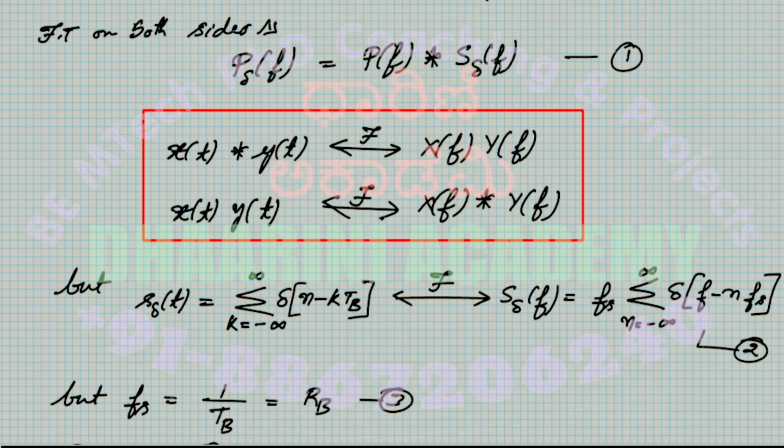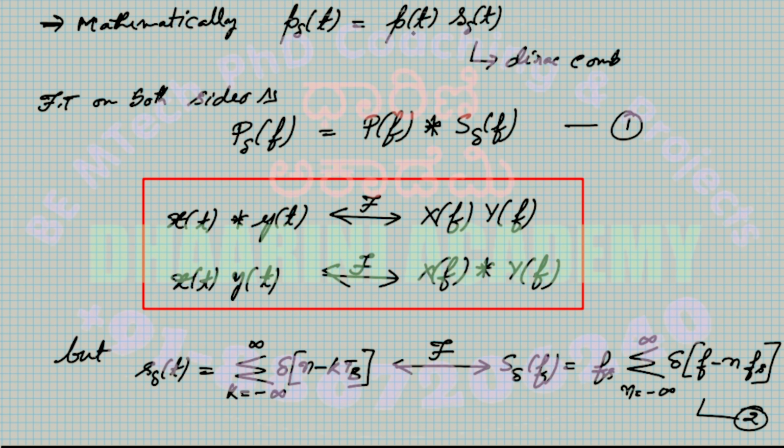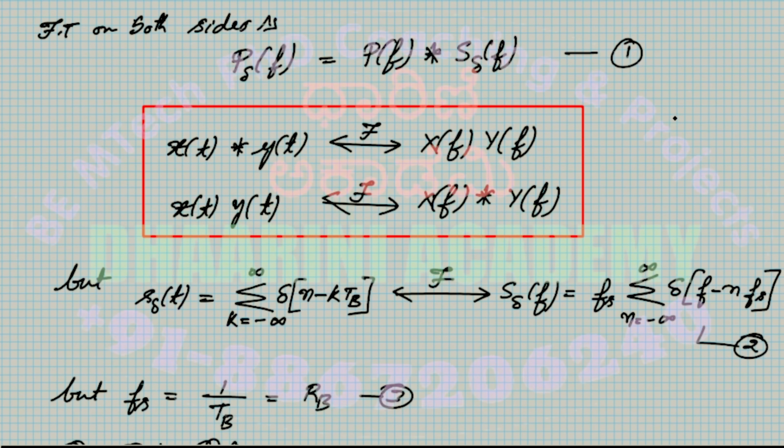Since I have a product in the time domain, x of t into y of t, on the frequency side, X of f convolved with Y of f. That's why it is capital P of f convolved with s delta of f on the frequency side. Equation number 1.